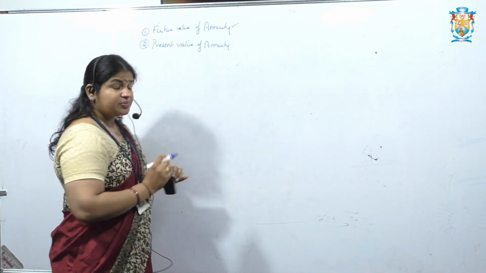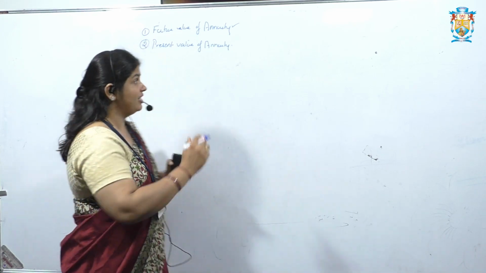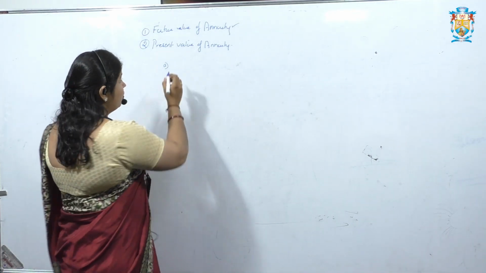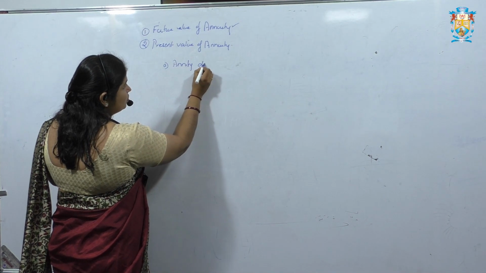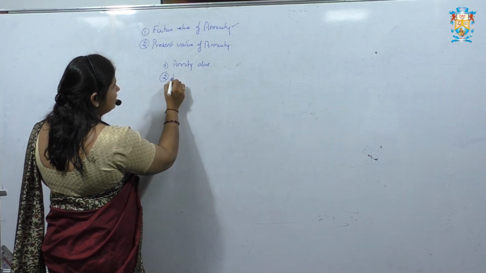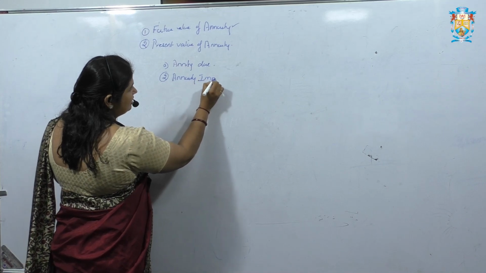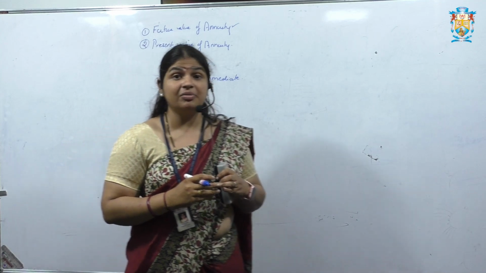In this topic, first let me consider future value of annuity. In future value of annuity, we get two different types: annuity due and annuity immediate. Now what do we mean by annuity due and what do we mean by annuity immediate?